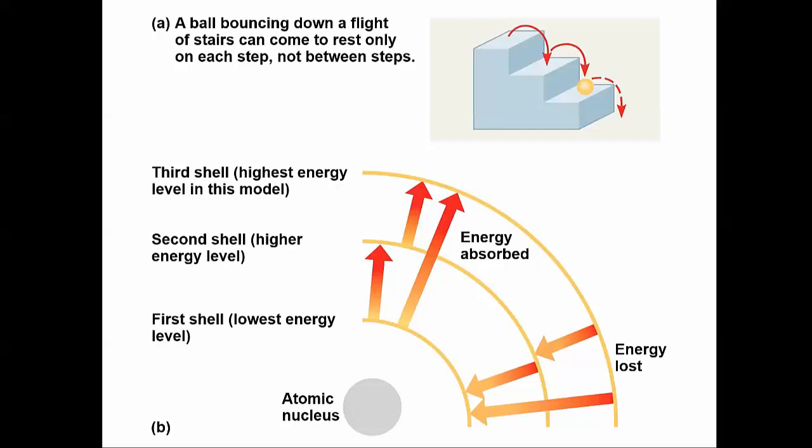As I said, where those electrons are located, which energy shell they're in, has to do with how much potential energy is in that electron. The closer electrons are to the nucleus, the less energy they have. If they're energized and have more energy, they can be found in outer electron shells.